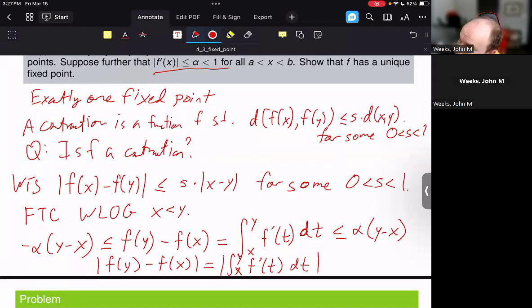I'll be mentioning this later, which is why I'm going into detail about this particular step. If I have the absolute value of the area underneath the curve f prime of t, that's going to be less than or equal to the integral from x to y of the absolute value of the function f prime of t dt.